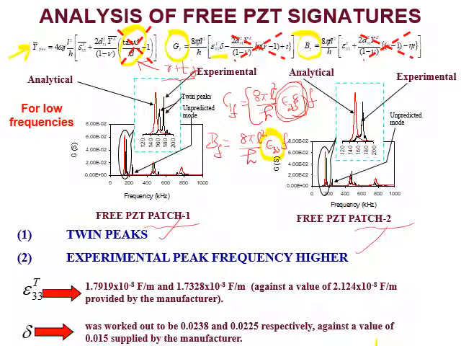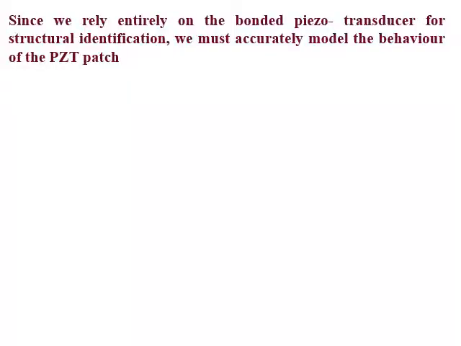So if we plot such variations, then from the slopes we can get both epsilon 33 and delta. This is a way to obtain epsilon 33 and delta. We found these values to be different from the values specified by the manufacturer. Similarly, the delta values were found to be 0.0238 and 0.0225. Again, they are different from the values supplied by the manufacturer.